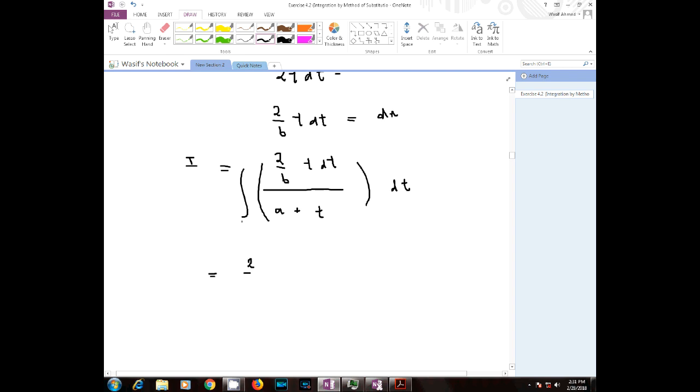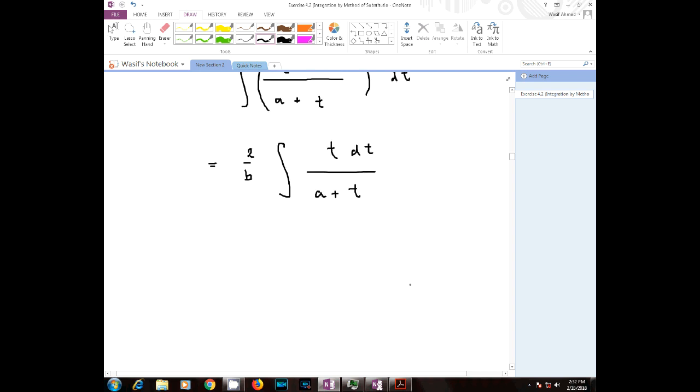Now you are left with 2 divided by b, that has to be taken out of the integral since it is constant, integral of t dt divided by a plus t. The numerator can be made similar to the denominator by adding and subtracting a.